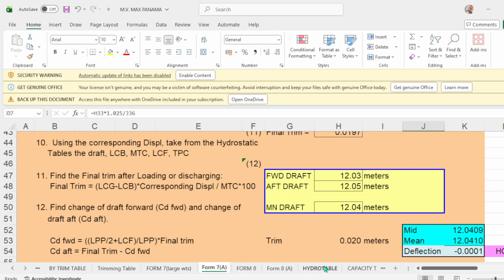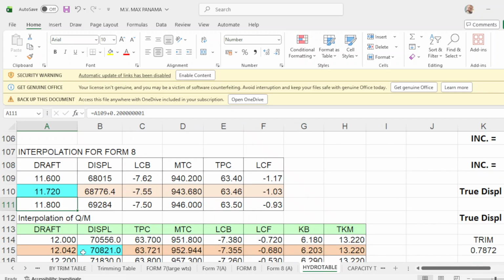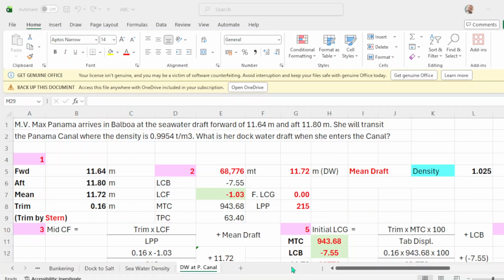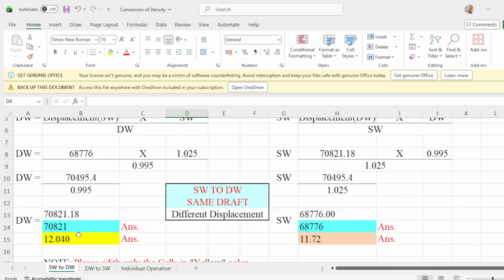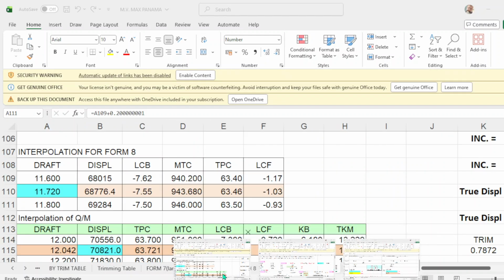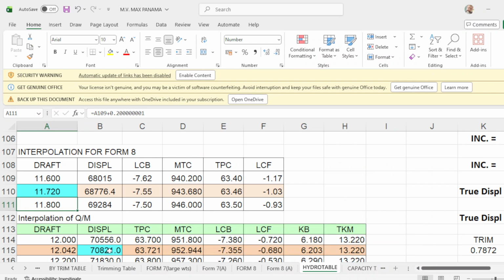Okay, let's say 70821. You put this one in the hydrostatic table. 70821. What is 70821?